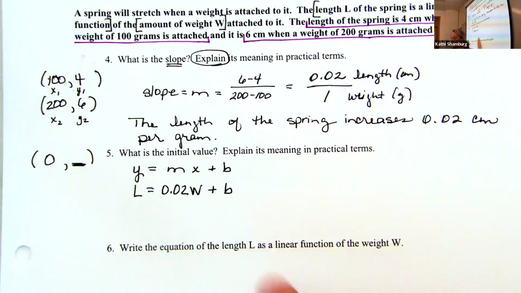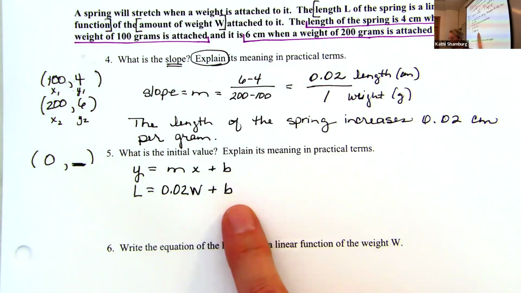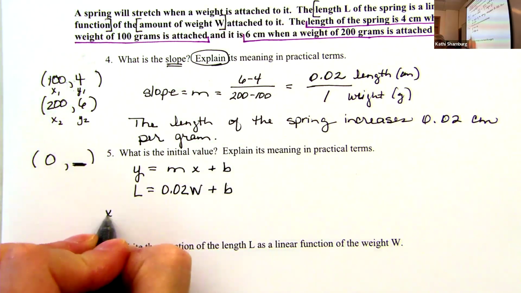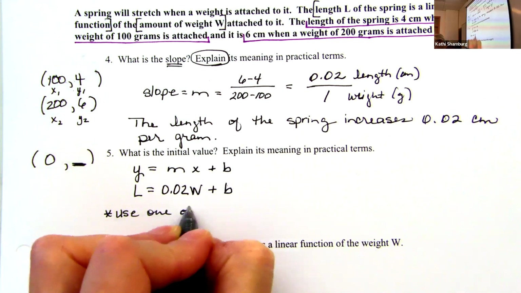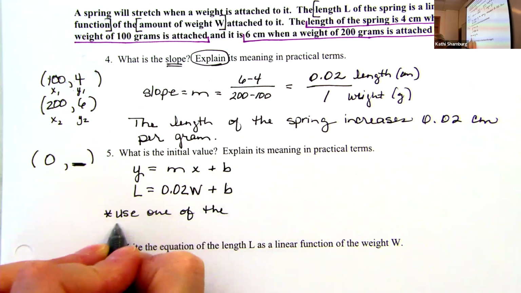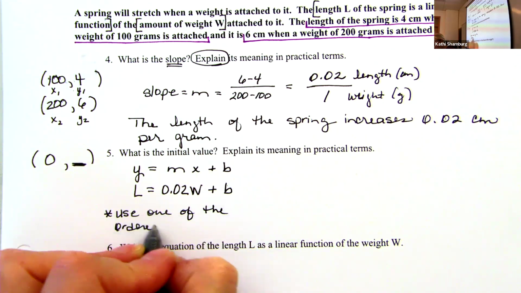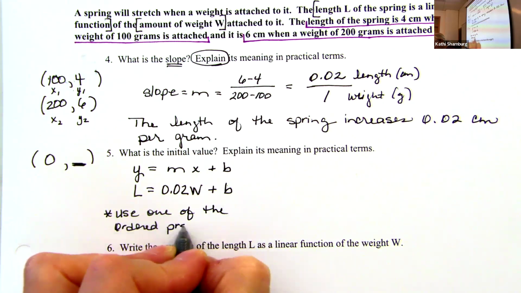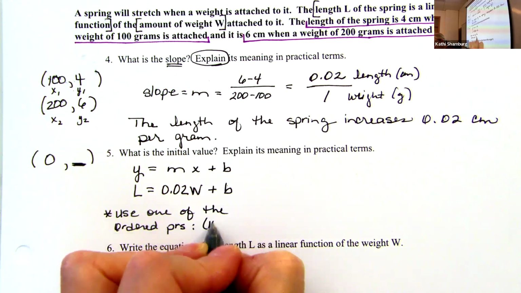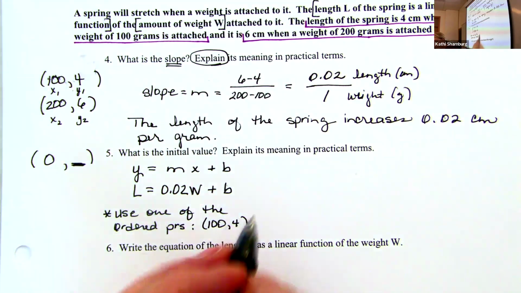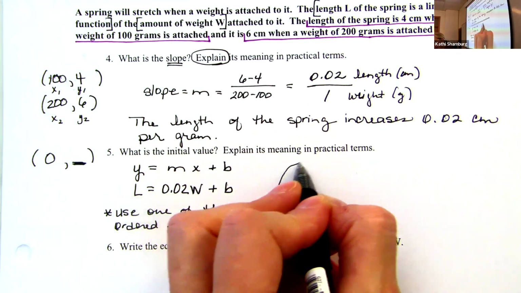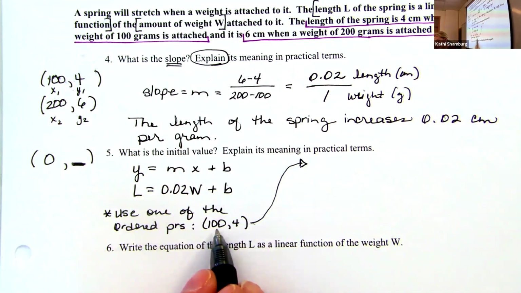So what can I do to help me find what B is? What am I going to use? Okay, use one of the ordered pairs. Doesn't matter which one. I'm just going to use the first one, but if you use the second one, you get the same thing. So now, in place of W, I'm going to put 100.